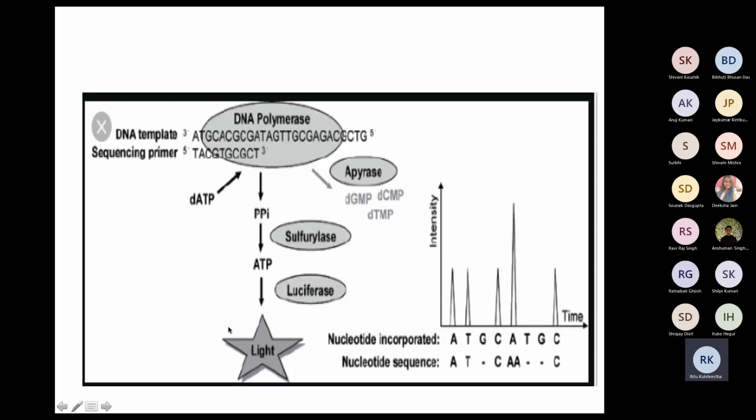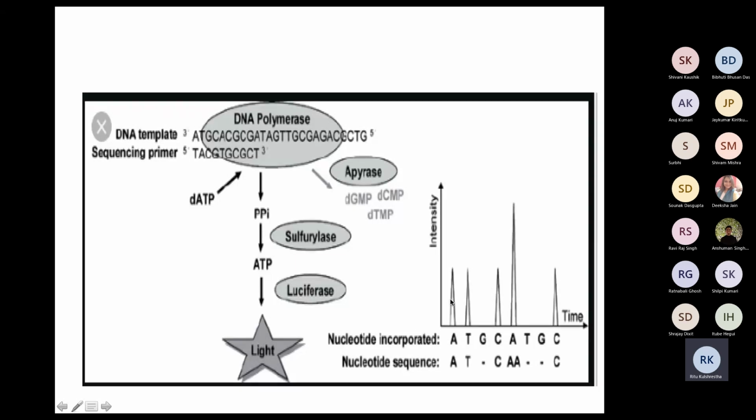So in my reaction mixture, all these things would be there, and finally my detector will give me the signal. That signal again is in the form of peaks. So how can I read my signals here?